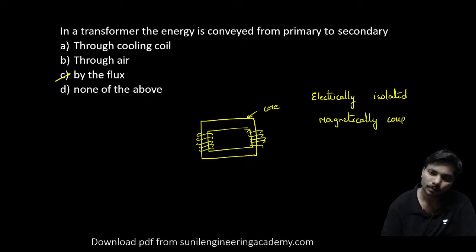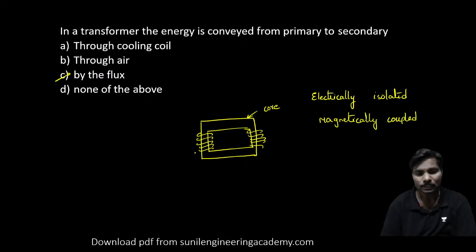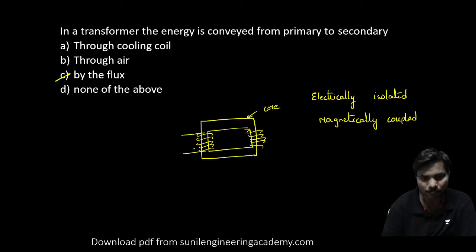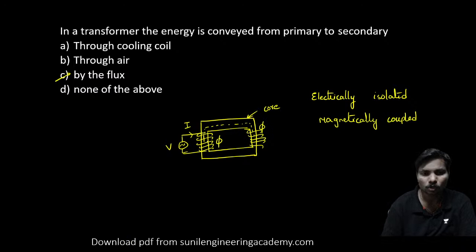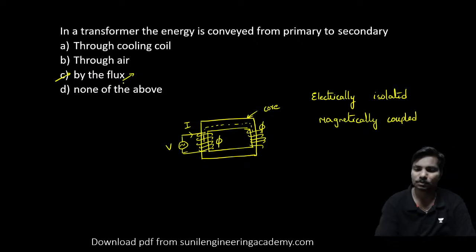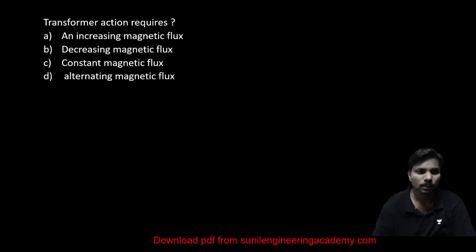Whenever you give the supply to one winding, current flows and flux is produced. That flux is transferred through the core to the secondary winding. So energy is conveyed from primary to secondary by the flux. The answer is option C. Coming to the next question.